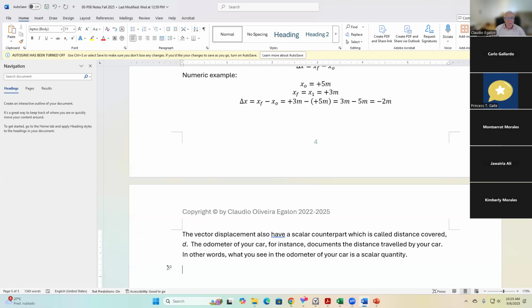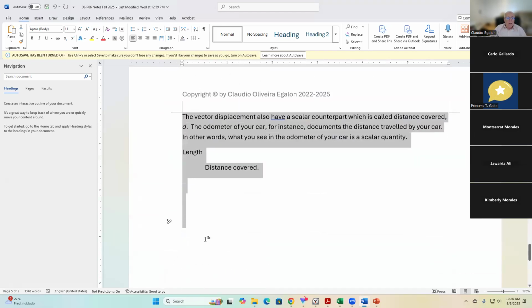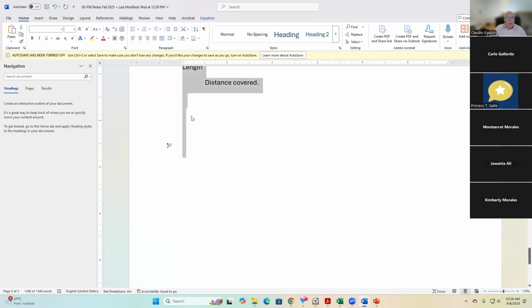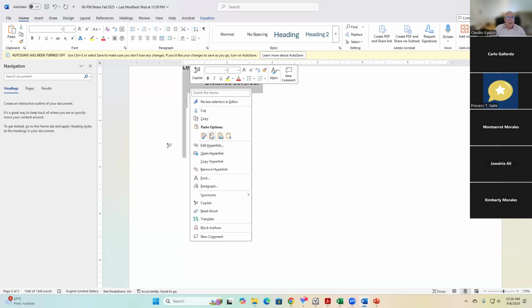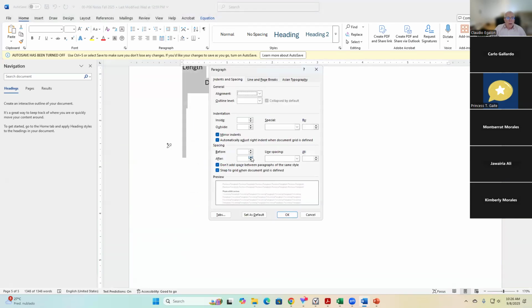Okay, so now we have length, right? In addition to length, we also have distance covered. I want everything in single spacing.